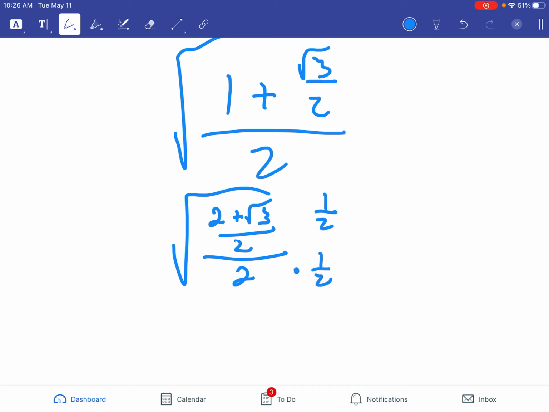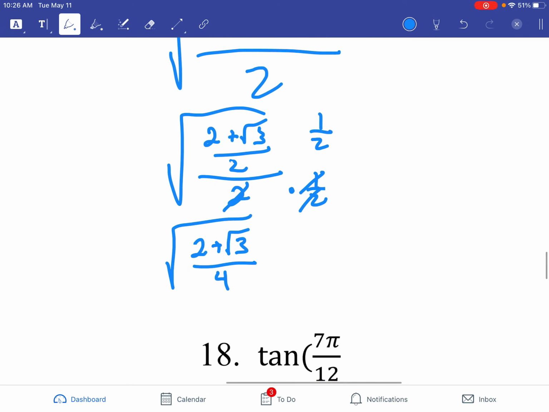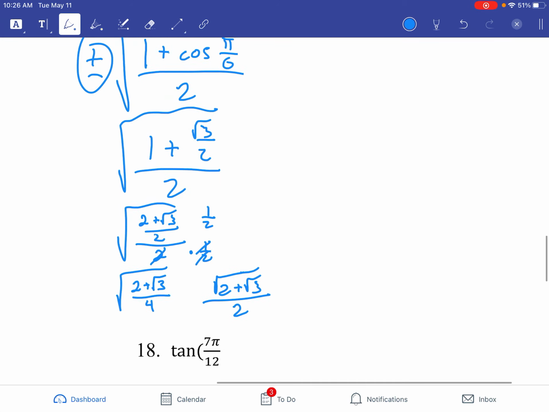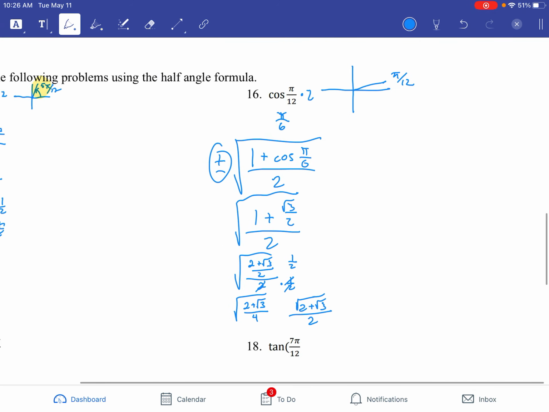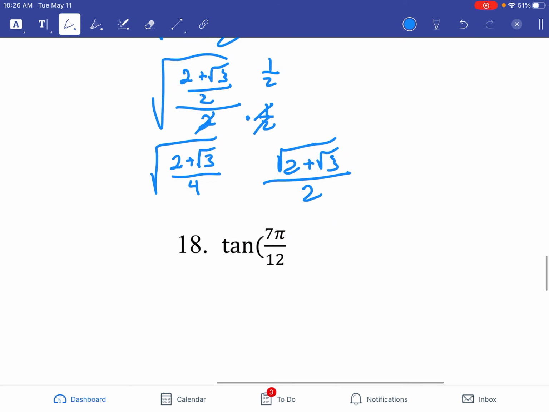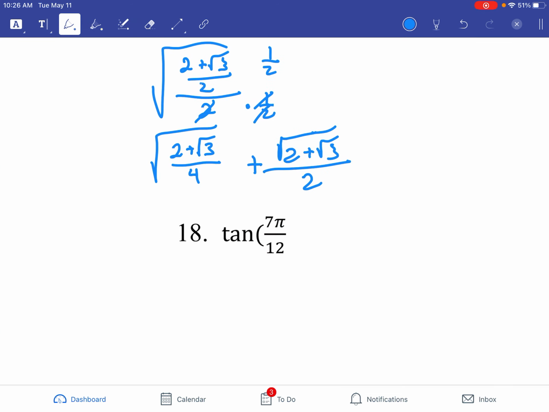Multiply by the reciprocal, so we have 2 plus root 3 over 4. Then the square root of 4 on the bottom gives you 2, so we have 2 plus root 3 on the top over 2. Now the x terms in that quadrant are all positive, which means our answer is also going to be positive.